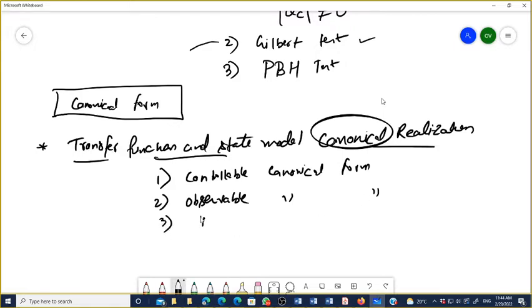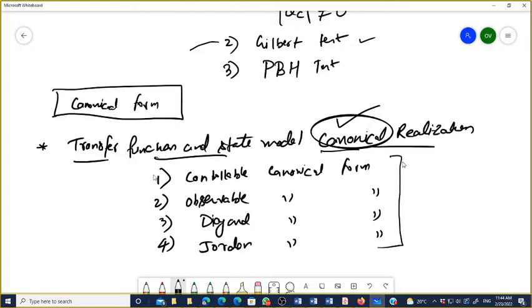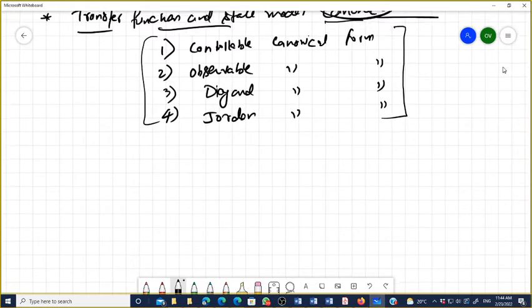Third is the diagonal canonical form, and fourth is the Jordan canonical form. First we will understand what a canonical form is and the need for it, and then we will try to understand one by one the controllable canonical form, observable canonical form, diagonal canonical form, and the Jordan canonical form.